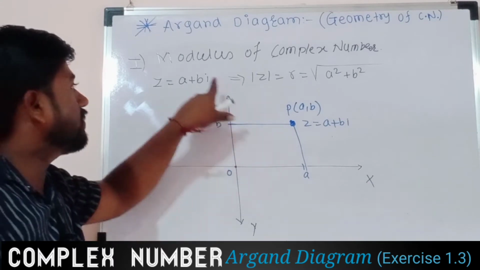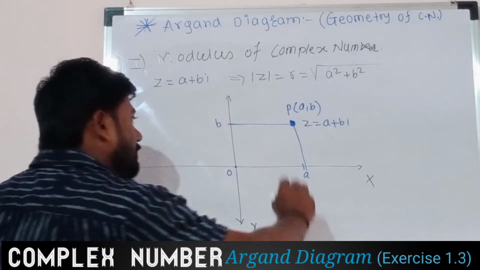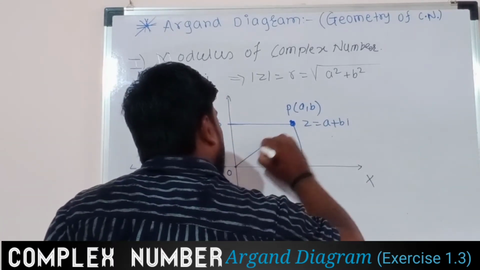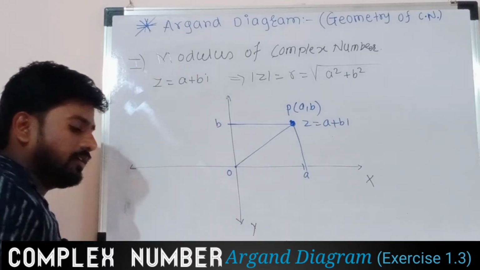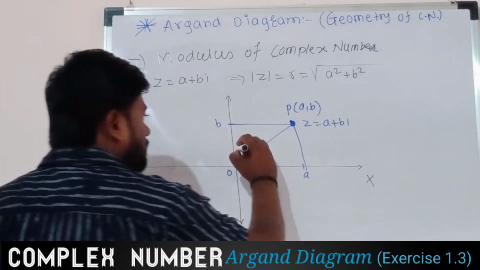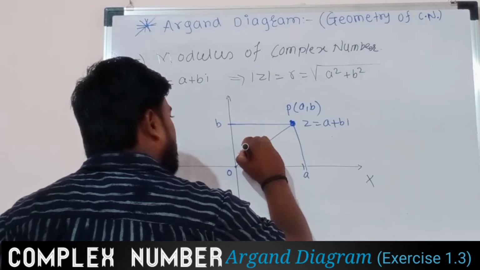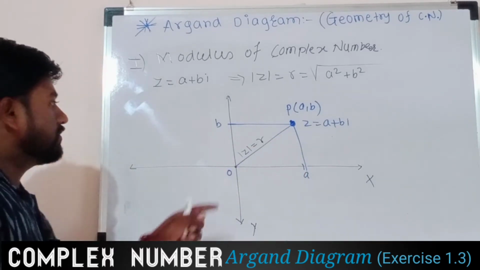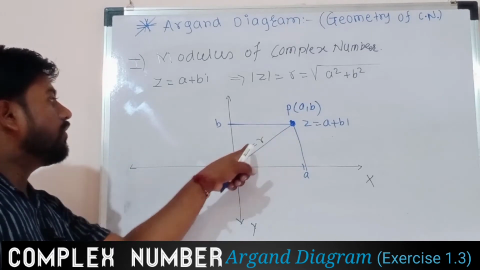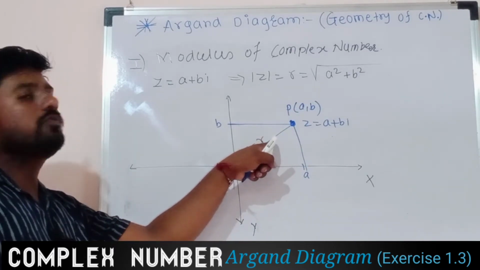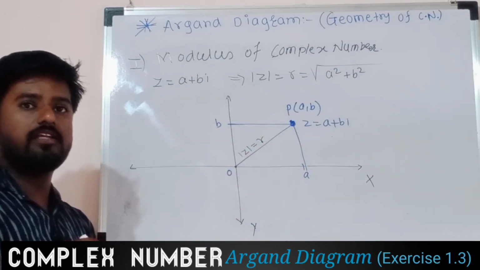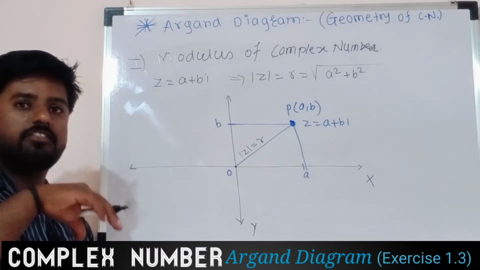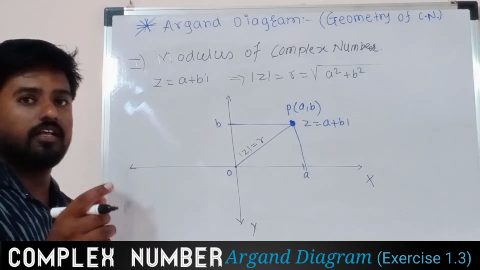I will draw a line from the origin. This line is mod z, and mod z equals r. So OP equals mod z equals r. It is a very simple definition: the distance from the origin to the corresponding point.